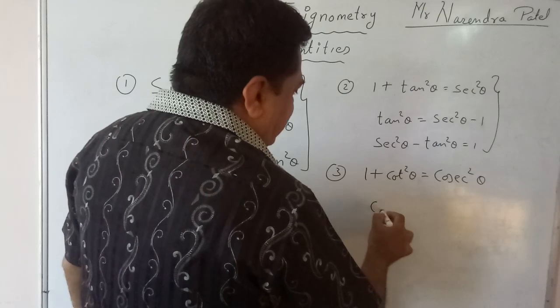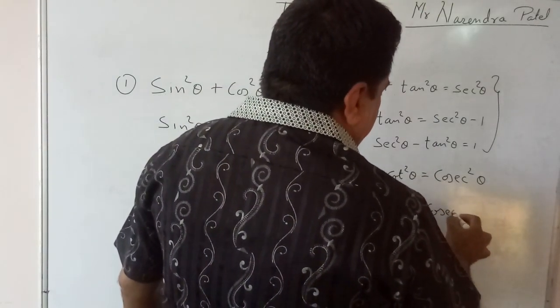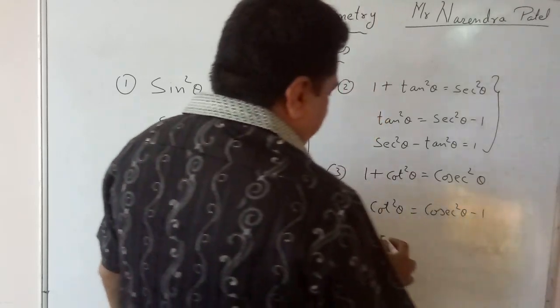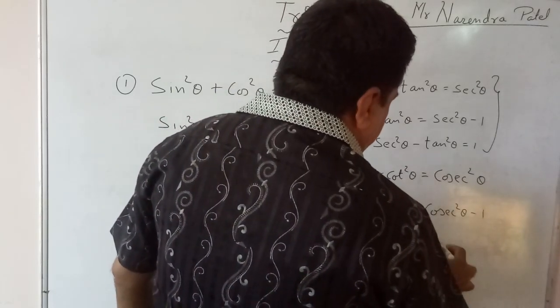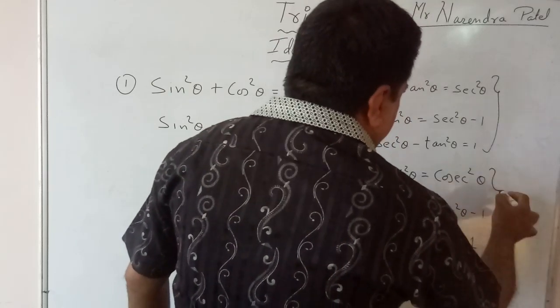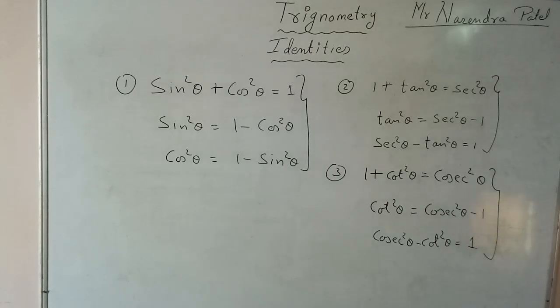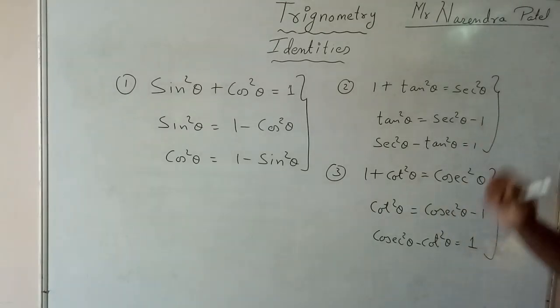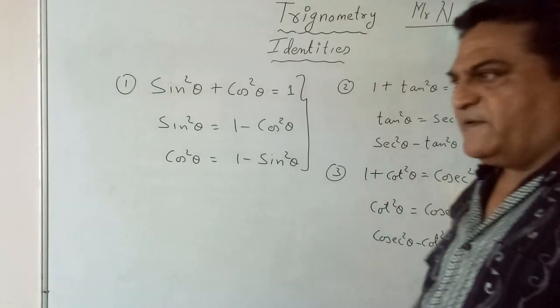From that we can get cot square theta is equal to cosec square theta minus 1. Cosec square theta minus cot square theta is equal to 1. So I have made the pairs: the first identity and the other two derived from it, the second identity and the other two derived from it, the third identity and the other two derived from it.